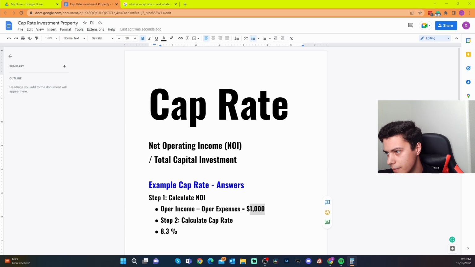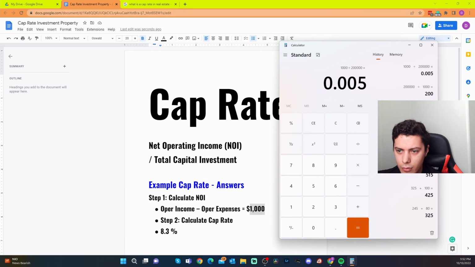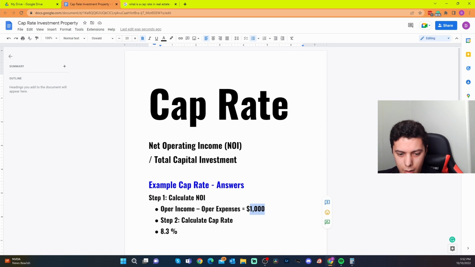Yeah, it's 5%. Oh, I didn't even show it on the screen. Forget that. Yeah, see, it's 5%. Don't worry about the decimals. You just move the decimal twice or three times. So it's 5%. Basically, it's a 5% cap rate.